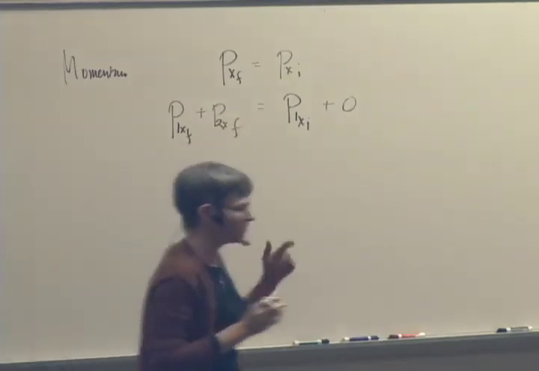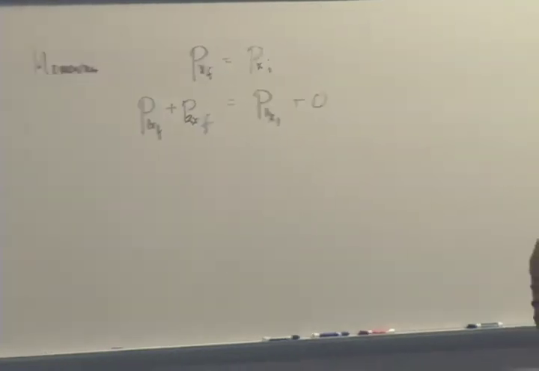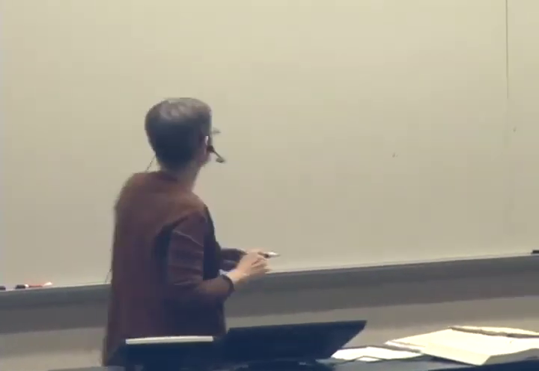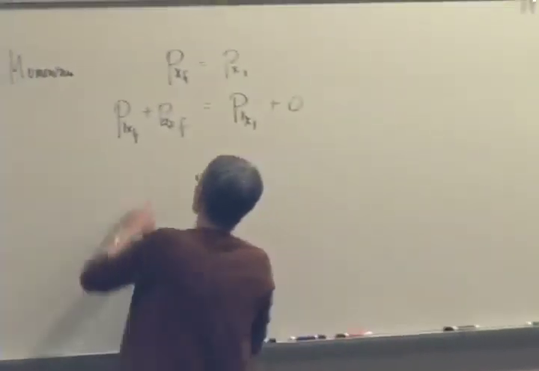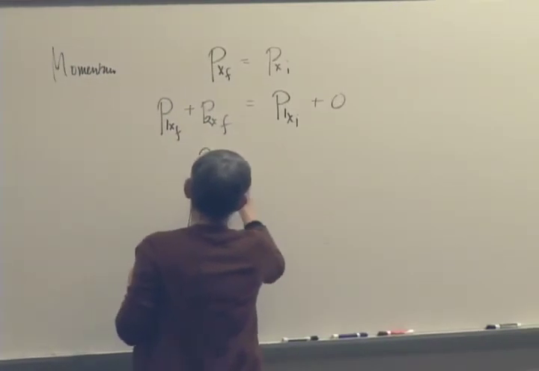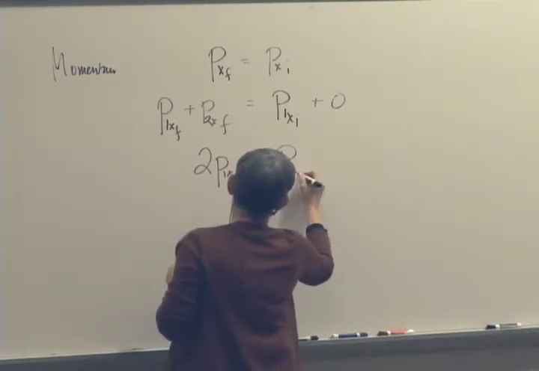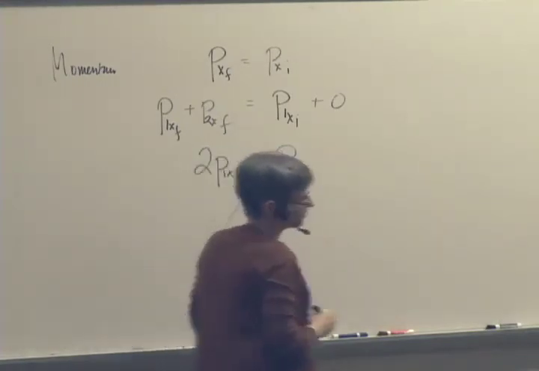But there's a constraint here. What do we know about the relationship between the momentum of 1 and the momentum of 2 in the final state? They're the same. They're constrained to move at the same speed, so the momentum must be the same. So we can actually write this as 2 times P1 final as P1 initial.